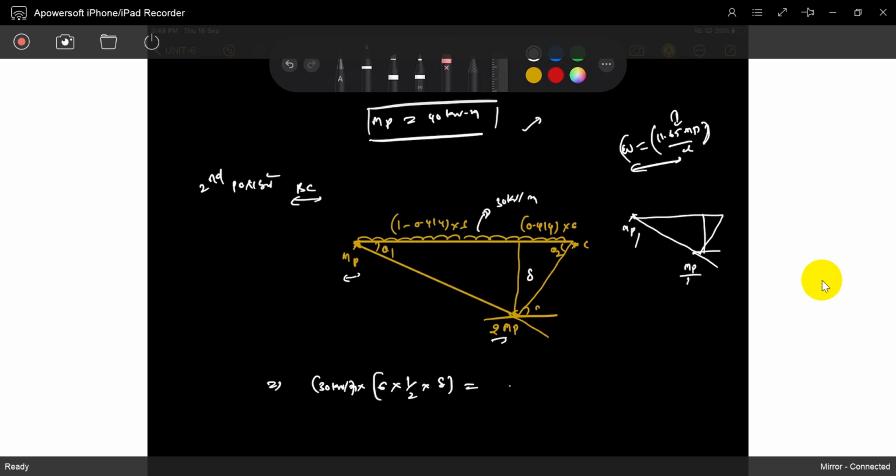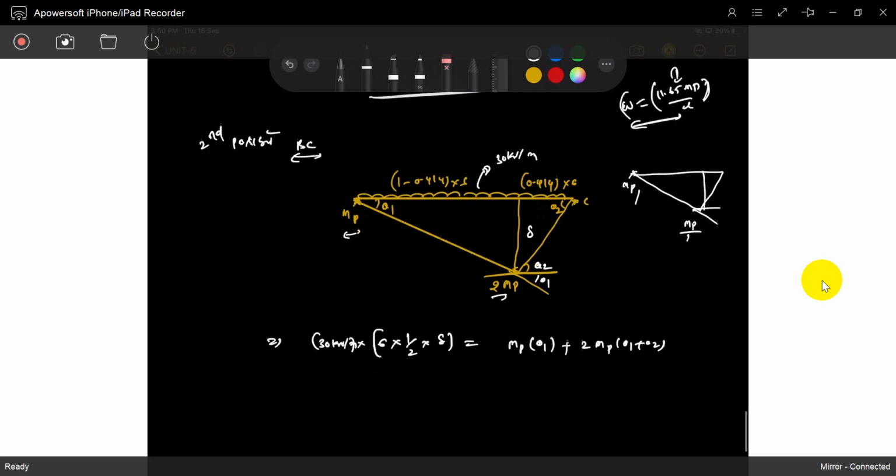So now it's MP theta 1, 2 MP theta 1 plus theta 2. This is theta 2, this is theta 1. Now also you can write down 1 minus 0.414, it's 0.586 multiplied with 6.